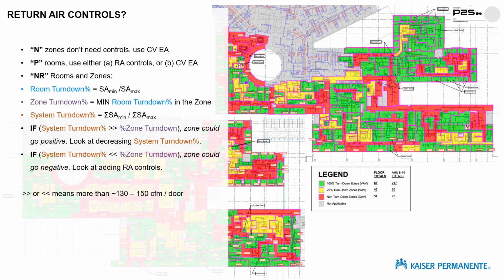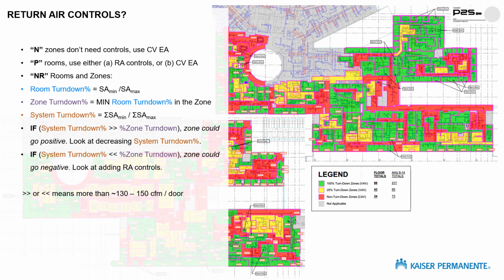So then you have a zone turn down for each zone in the building. The system turn down is the sum of all the zone turn downs. So you take the rooms, then you go up to the level of looking at the zones, you figure out what the turn down is available at the zones, add all that up, and that becomes the system turn down. Then you have to go back and look at the return air.